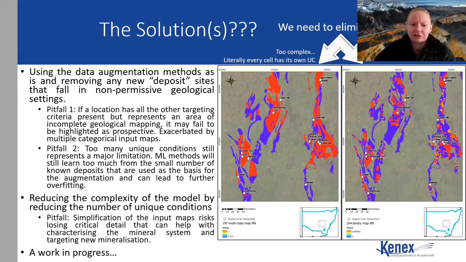And secondly, reducing the complexity of the model without losing that really important detail, which is going to help us with our exploration targeting. So I'm leaving this as an open-ended research problem, and it's something that I'm working on in my spare time.